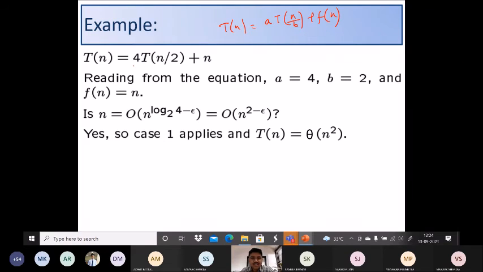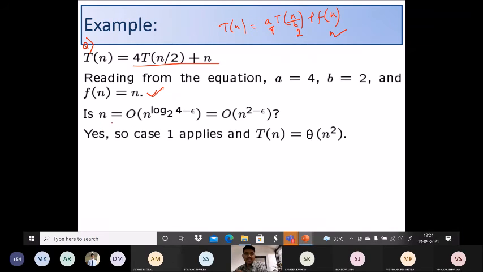So see, this is the question. How would I replace? Your a should be 4, your b should be 2, and your f(n) should be n. Okay, up to this.